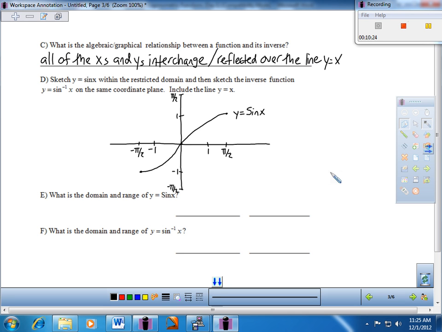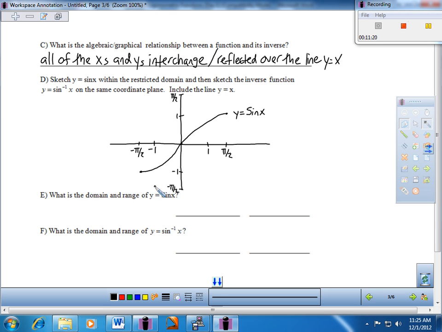Well, guys, of course, how do we create the inverse? I very simply switch the ordered pairs. So I only had 3, and theoretically that's all I will need here, and I'll give you a good sense of what this graph will look like. But everyone, if you look, this point right here is negative pi over 2, negative 1. Well, how do I find that corresponding point on the graph of the inverse? I switch it. So instead of negative pi over 2 and negative 1, it's negative 1 and negative pi over 2.